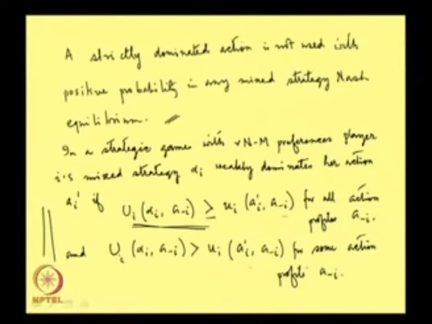In that case, we are saying that a_i dashed is weakly dominated by alpha i.